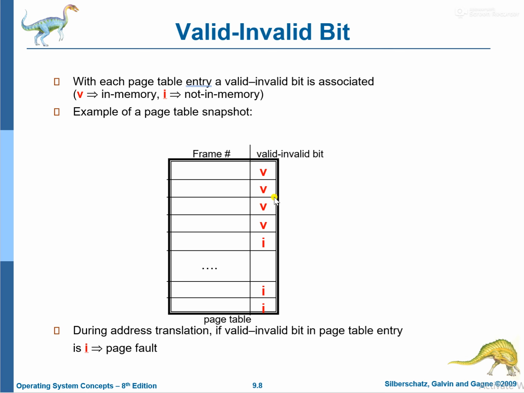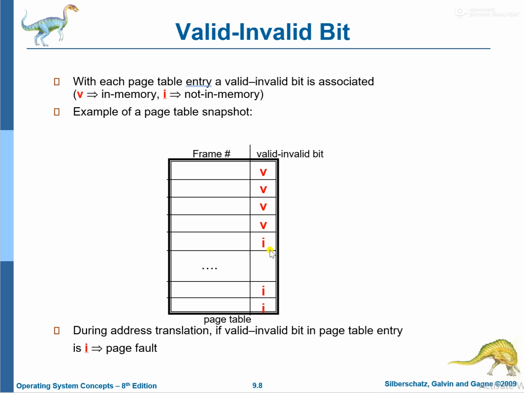This valid-invalid bit can be used to tell us whether a page is already in memory or in the backing store. With demand paging, the page table works with this valid-invalid bit. If the bit is valid, it means the page is in main memory. If the bit is invalid, it means the page is on virtual memory.